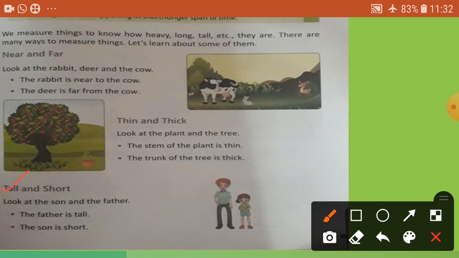The father is tall and the son is short. So children, it's clear: near and far, thin and thick, tall and short.